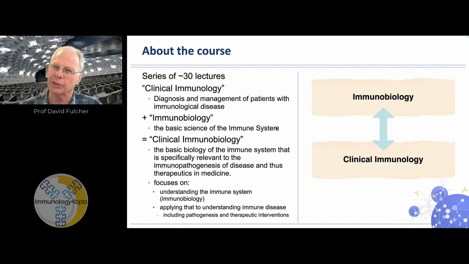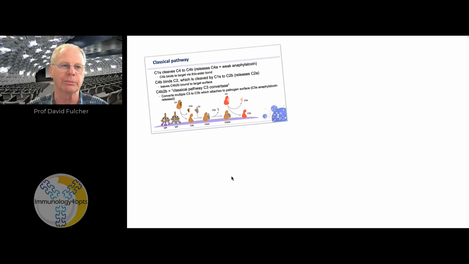The focus is on immunodeficiencies and allergies, particularly, which lend themselves very nicely to the biology of the immune system. So we talk about immunopathogenesis, all the fundamental aspects of the science of the immune system, but geared towards doctors, particularly those interested in internal medicine.